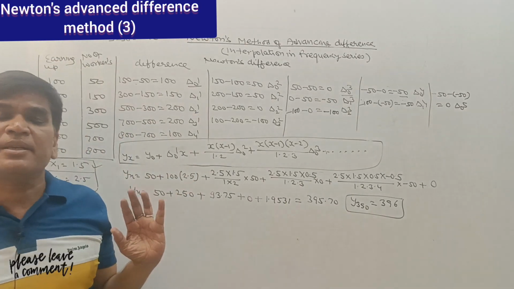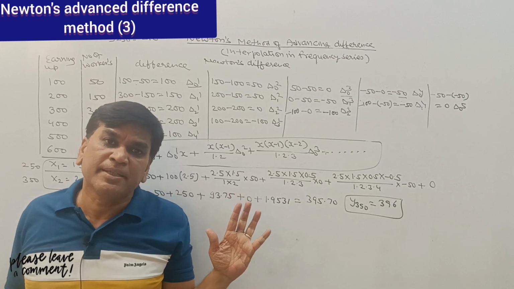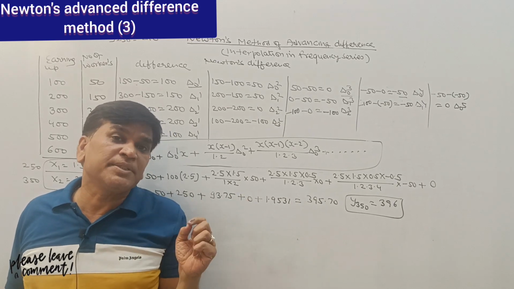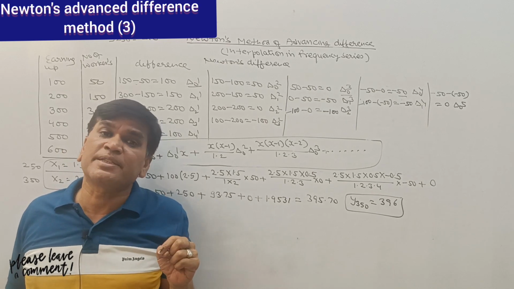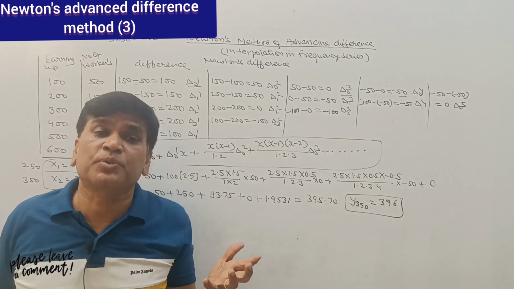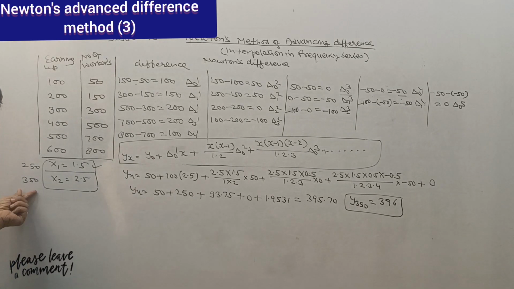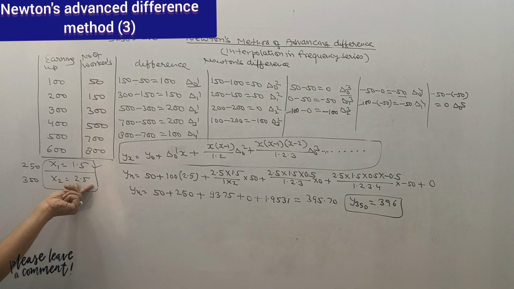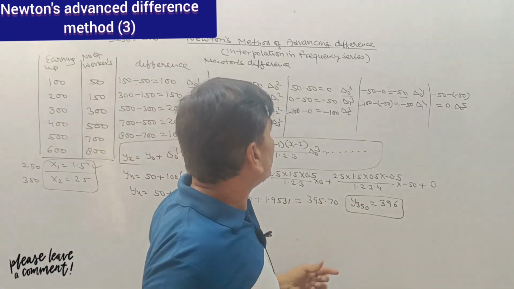So in this manner, the very first you will calculate all the Newton advanced differences. Then firstly for y-x you will use 1.5 because the first interpolation is for 250. Then the second interpolation for 350 is over there, so the x value is 2.5. So using 2.5 again we are having the interpolation of this.